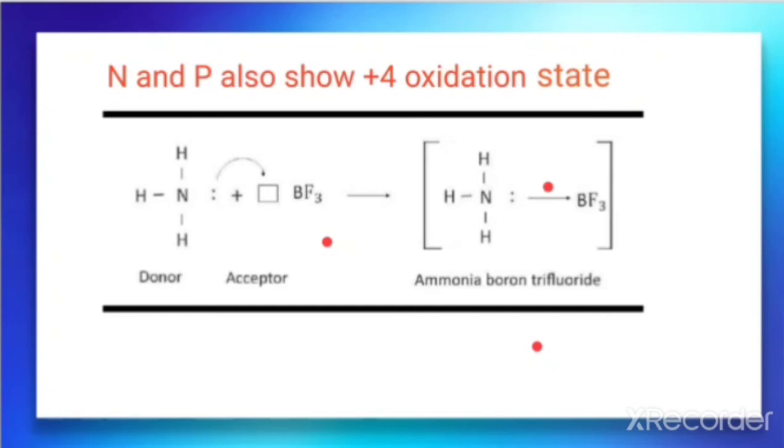Because of the presence of the lone pair on ammonia, it forms a dative bond with the Lewis acid BF3. Because of this, we can say that nitrogen can exhibit the +4 oxidation state.